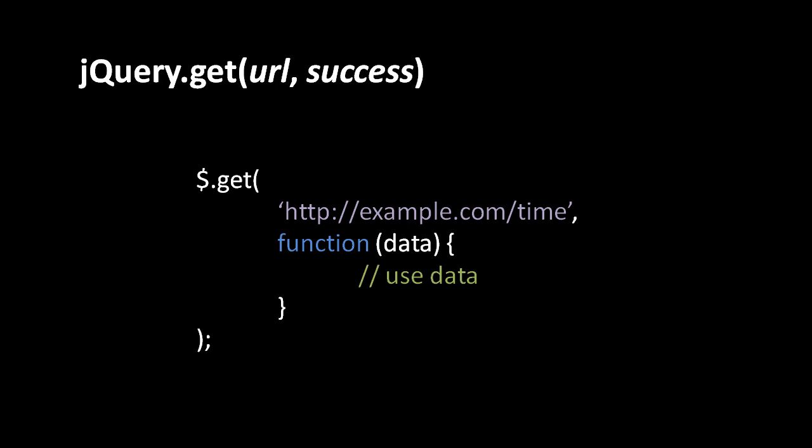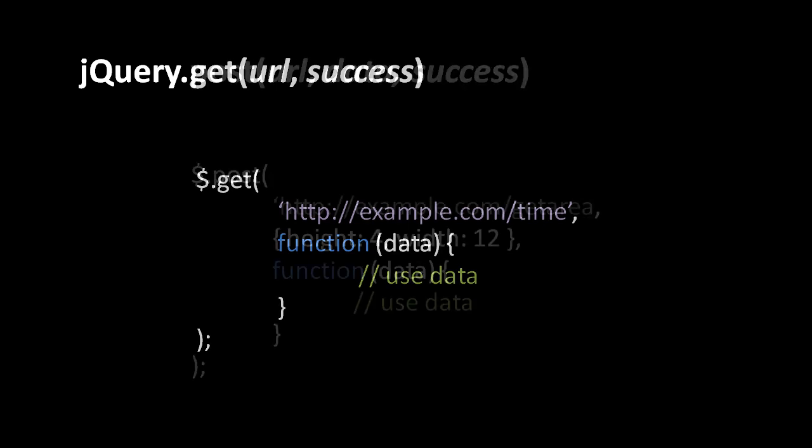So for jQuery.get, you simply pass in 2 arguments, first the URL, and then the success response handler, the function which gets invoked upon a successful response. If you want to actually handle errors, responses that come back bad or fail to come back, that time out, there's another function you invoke to set those error handlers up before you invoke .get. But I'll leave that up to you to look up in the documentation.